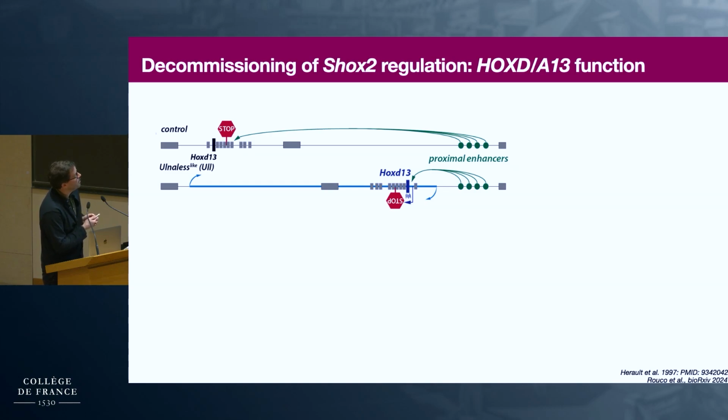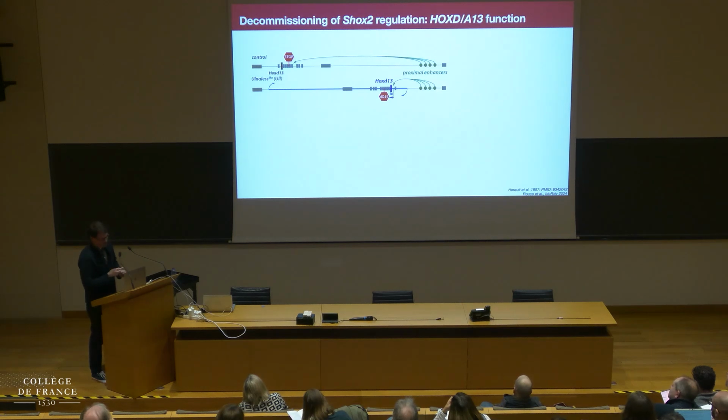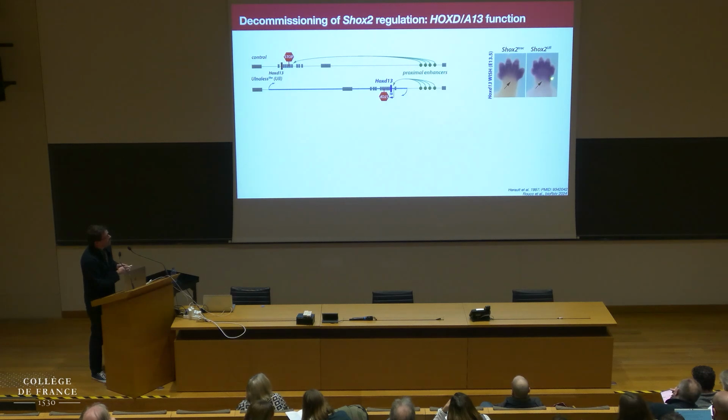It's called ulna-less, and basically it brings HOXD13 very close to a bunch of limb proximal enhancers. As such, it expands the HOXD13 expression domain much more proximally in the limb. Now this domain partially overlaps the one of SHOX2, and this is where we think there will be a functional interaction between the two.